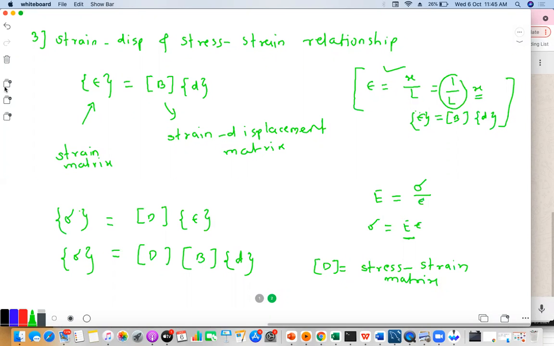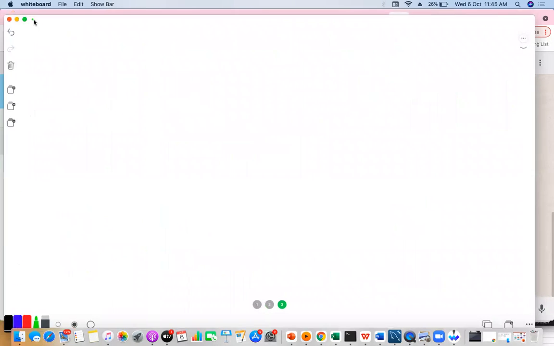Okay, now the first step is writing our element equation. I have stress for the element and strain for the element, and now how can I write the element equation?